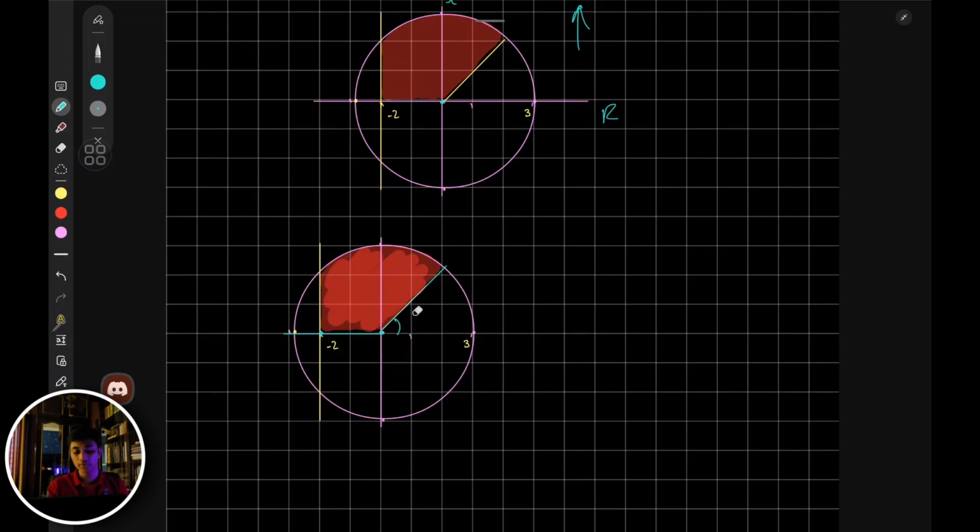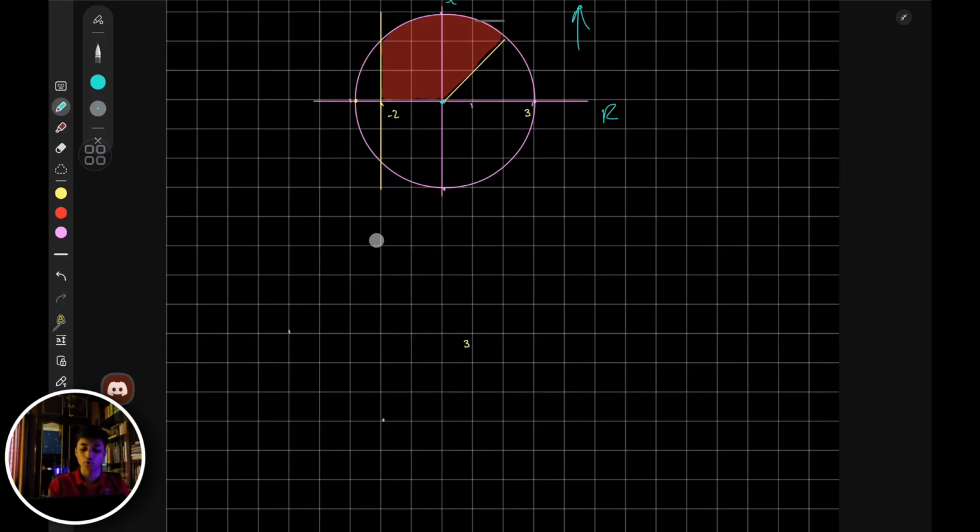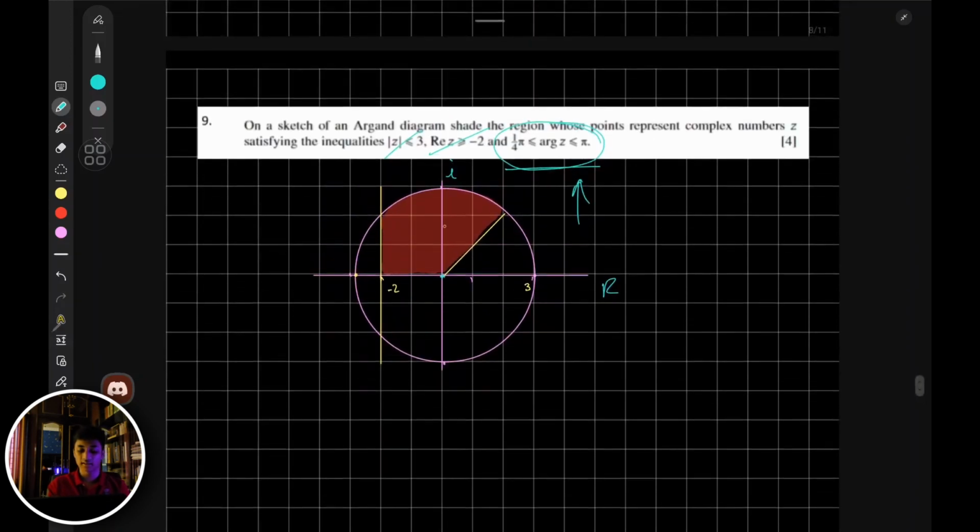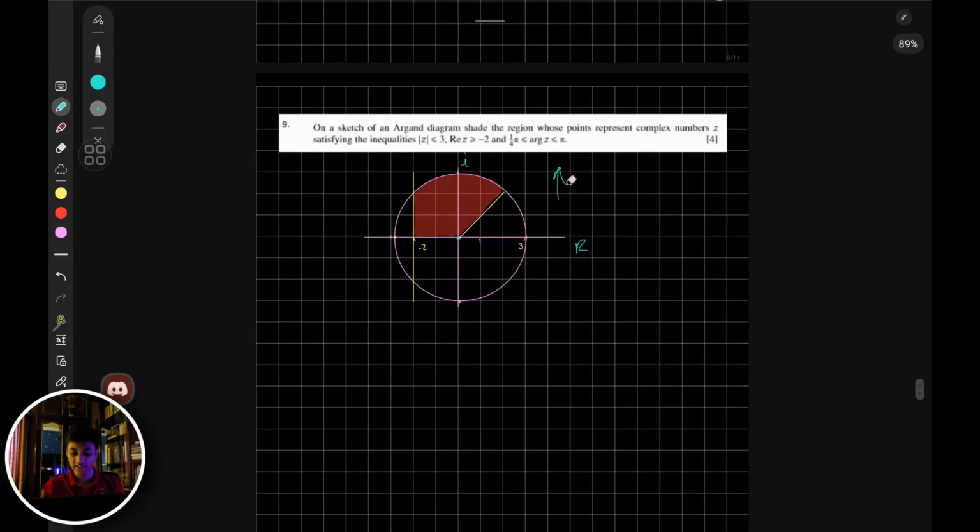So it should be able to make an angle or argument between pi and pi by 4. That is why we draw the circle and shade this area. Great. So that is question 9.